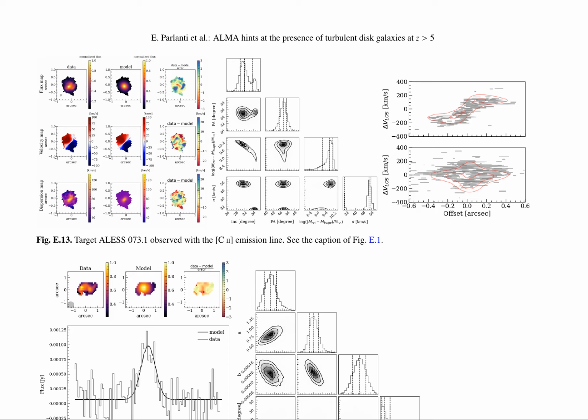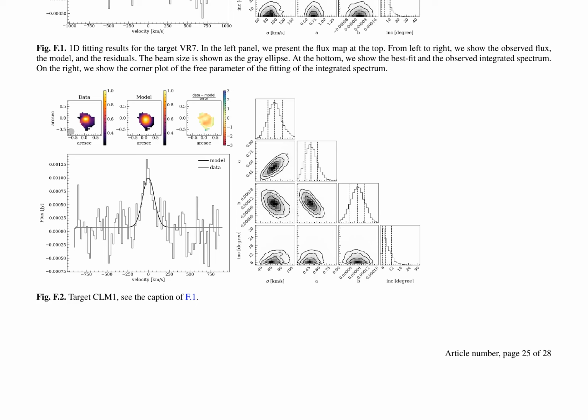The methodology employed in this study involves using ALMA observations to resolve the emission lines and estimate galaxy kinematics. A 3D fitting technique is applied to model the galaxy's velocity field, considering beam smearing and instrumental broadening effects. The velocity dispersion is calculated from the residuals of the 3D fitting, allowing for the estimation of the galaxy's turbulent motion.